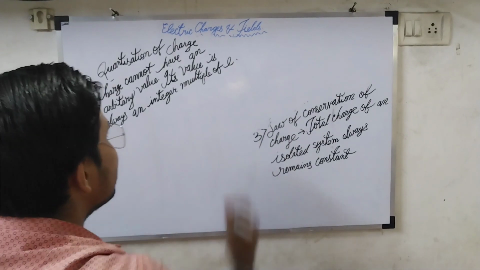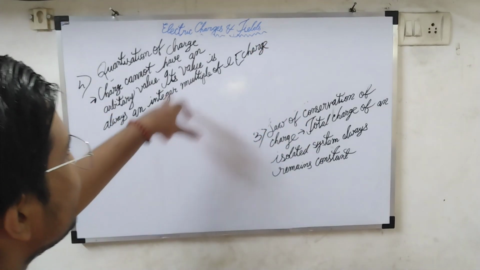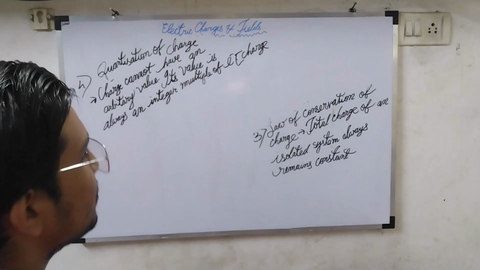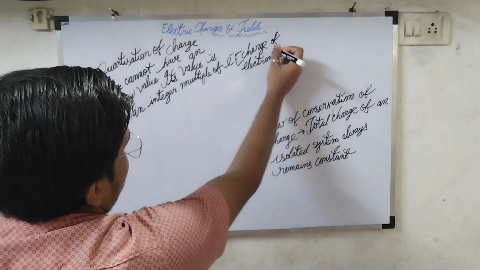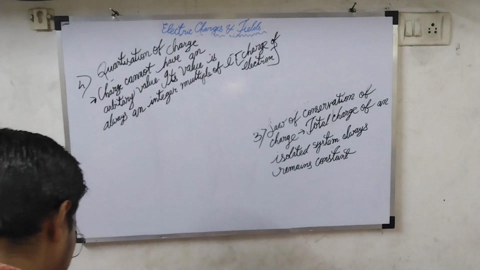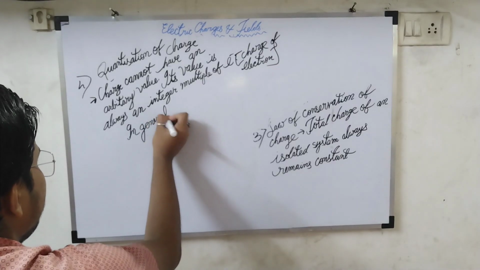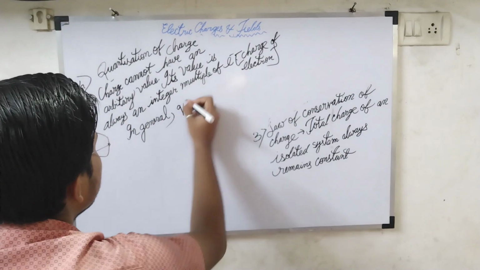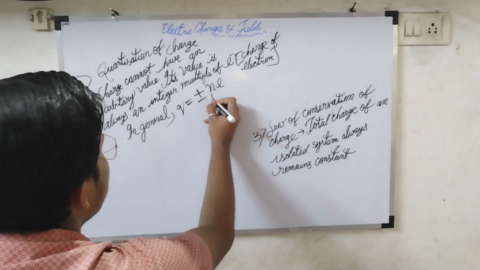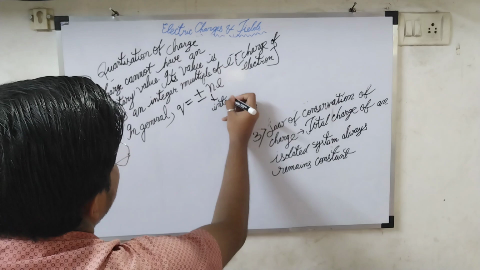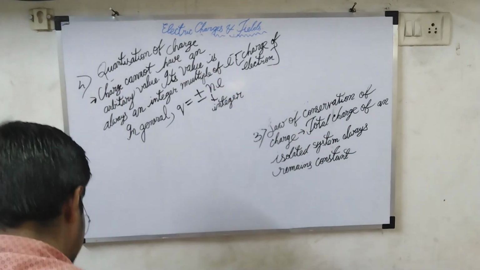What do we mean by this e? It is none other than the charge of electron. In general, we can write Q is equal to plus minus n e, where n is an integer. These are the four points.